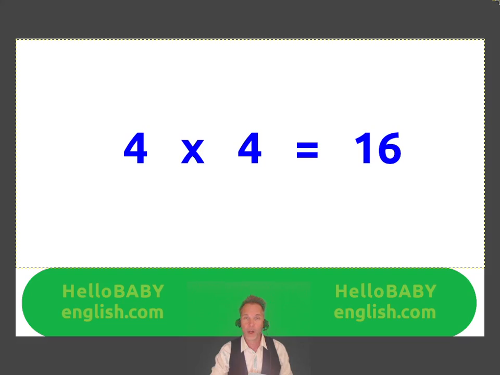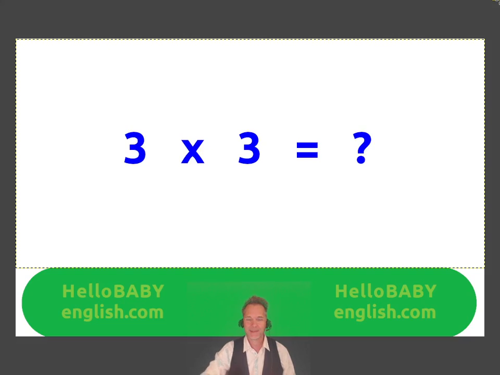Four times 4 equals 16. Three times 3 equals 9.